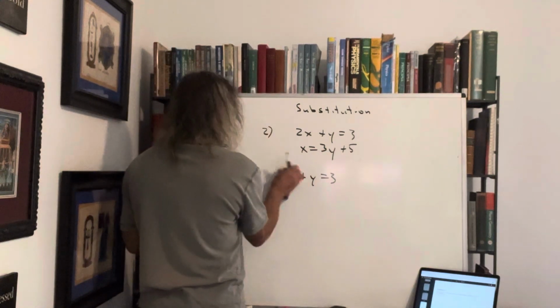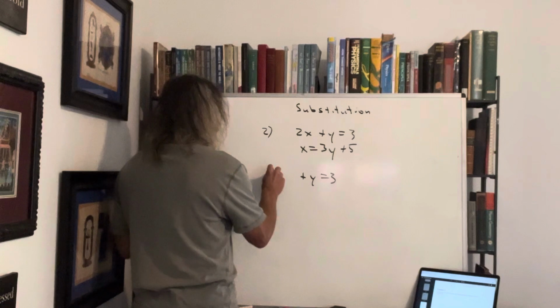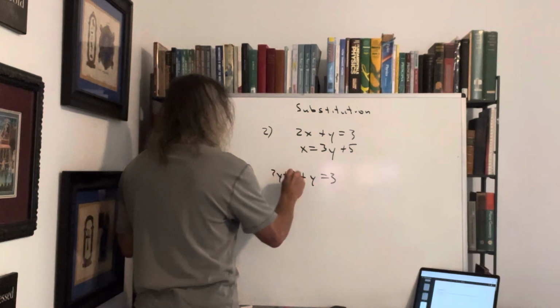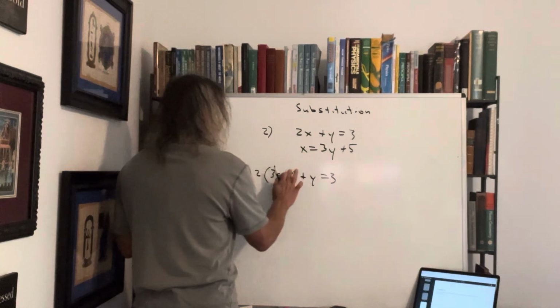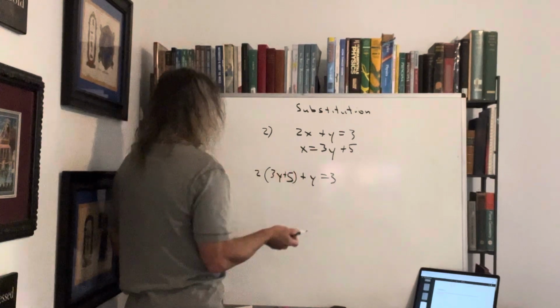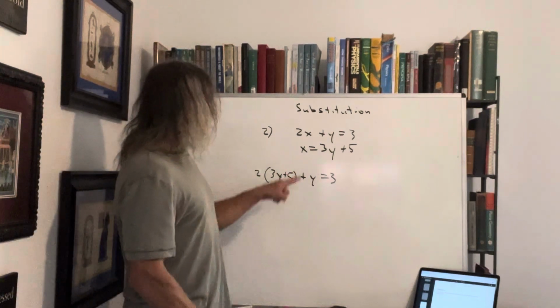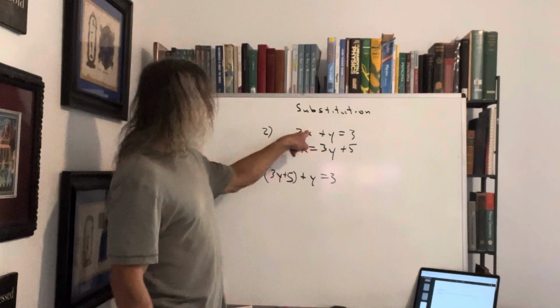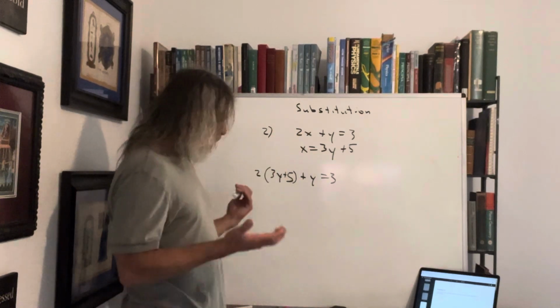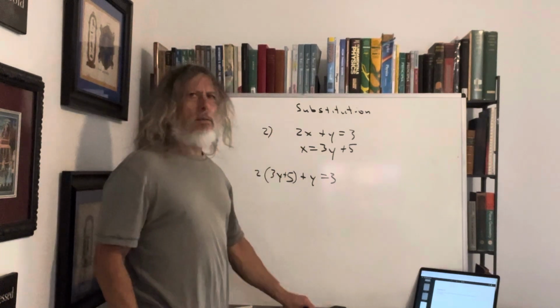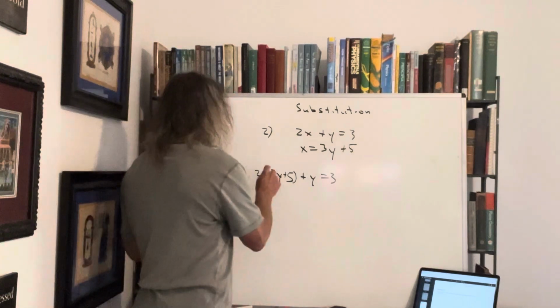So we do, in place of the x, I got the x and put this stuff in its place. Then, as we practiced, we distribute.